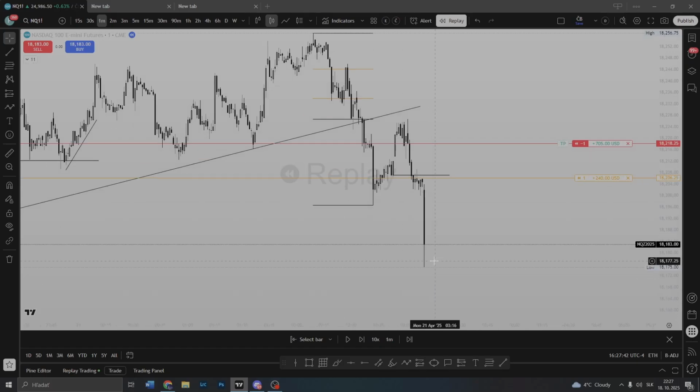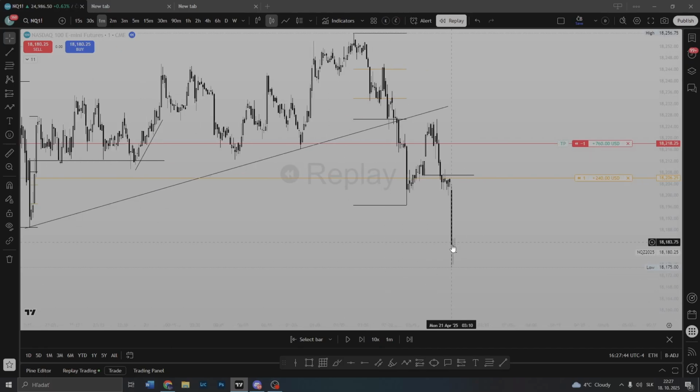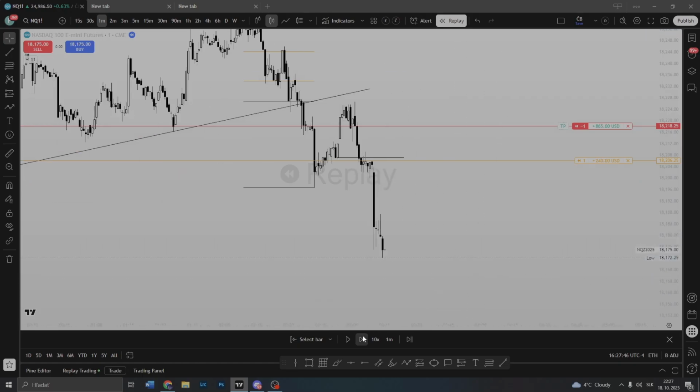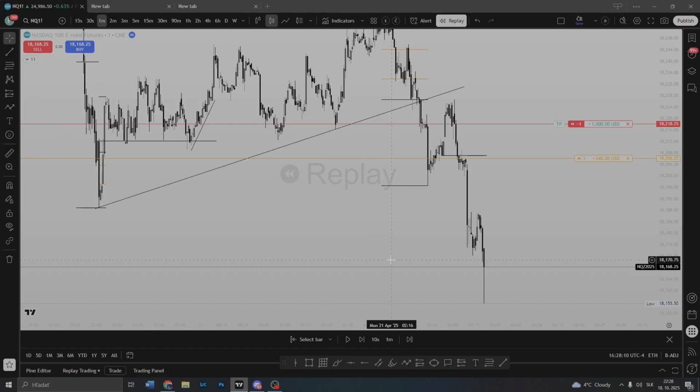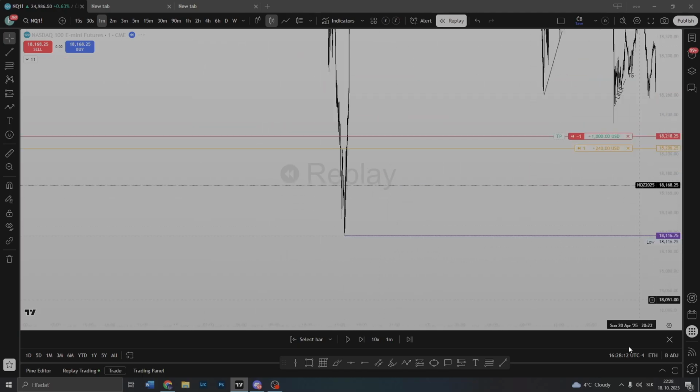So we can go forward. Okay, we took the lows right here, so the idea of this being manipulation is out. Okay, is this manipulation? Could be. I'm not sure what liquidity is on the left.